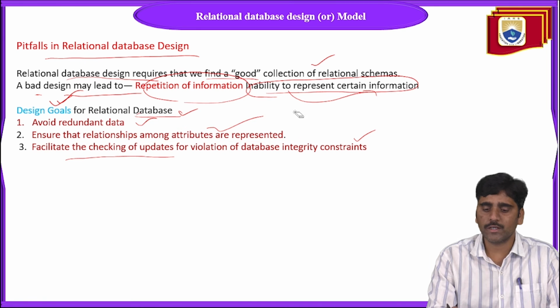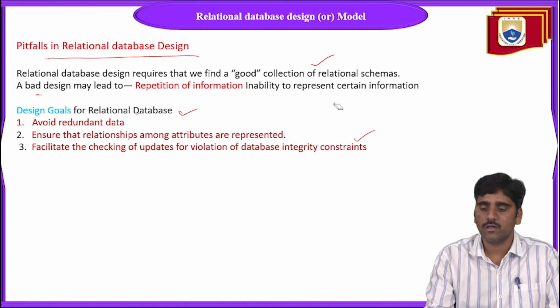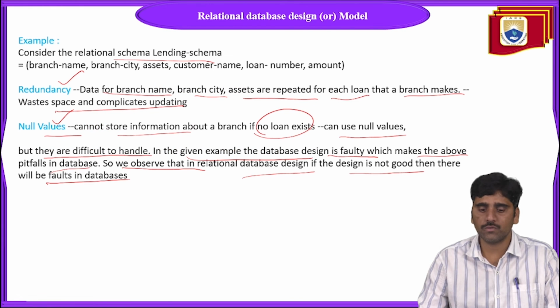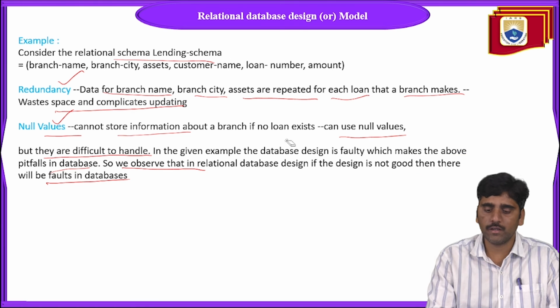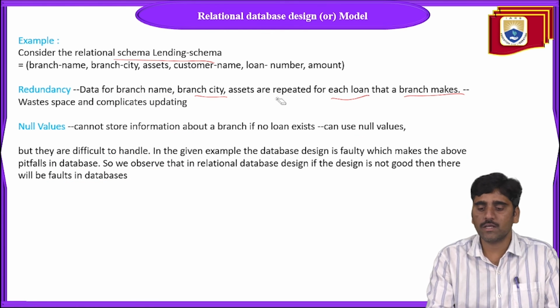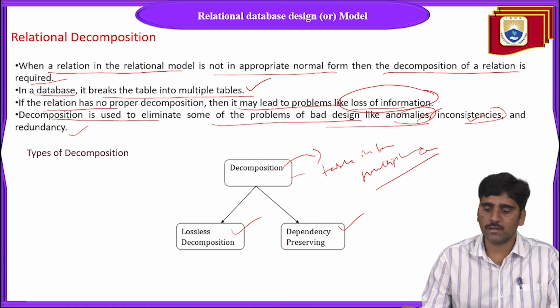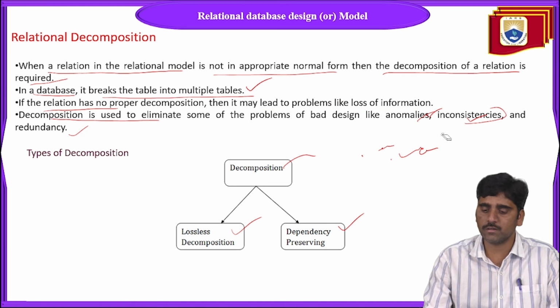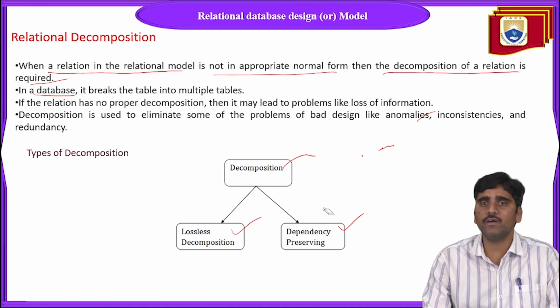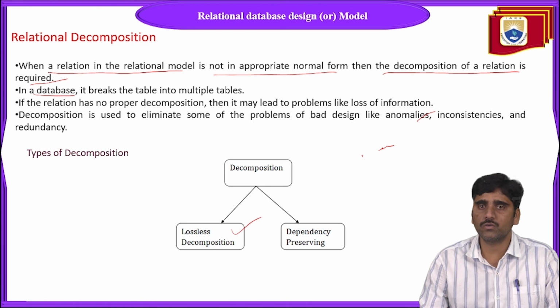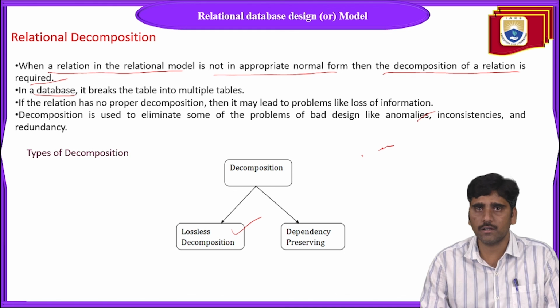And the next, what are the pitfalls, that is, the design issues of this database. One is redundancy and the second one is null values, as we already said. If any tables have dependent values, then we have to eliminate them. And for relational decomposition, there are two types, and we decompose in order to avoid bad design issues like anomalies, inconsistencies and redundancy.